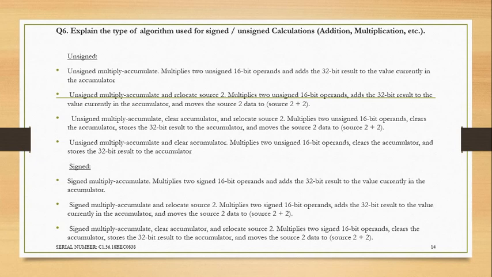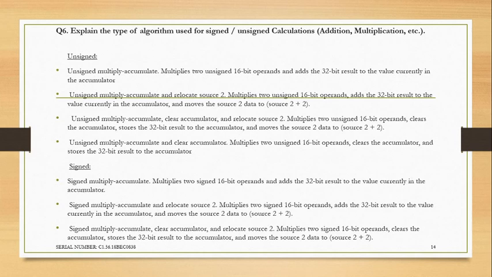Unsigned multiply accumulate, clear accumulator and reallocate source 2: multiplies two unsigned 16-bit operands, clears the accumulator, stores the 32-bit result to the accumulator, and moves to the source 2 data 2, which means source 2 plus data 2. Unsigned multiply accumulate clear accumulator: multiplies two unsigned 16-bit operands, clears the accumulator, and stores the 32-bit result to the accumulator.